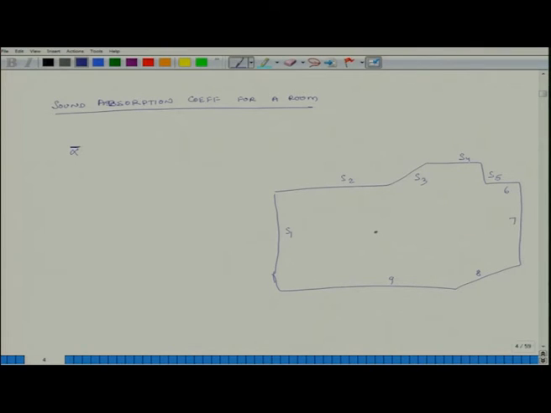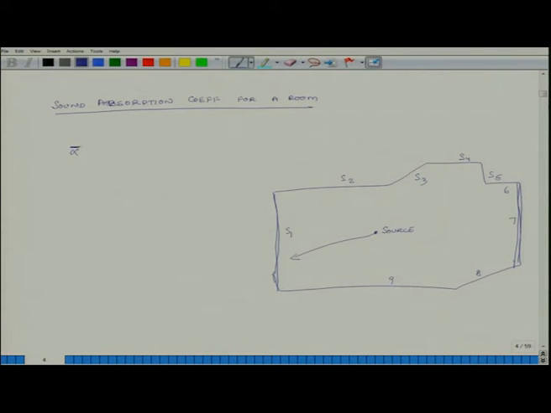So, suppose I have a sound source and I throw sound on this surface, and let us say each surface is made up of different material. Maybe this is made up of a brick wall, this surface could be having a brick wall, but it is also having very heavy curtains in front of it, okay. So, each surface may be different.